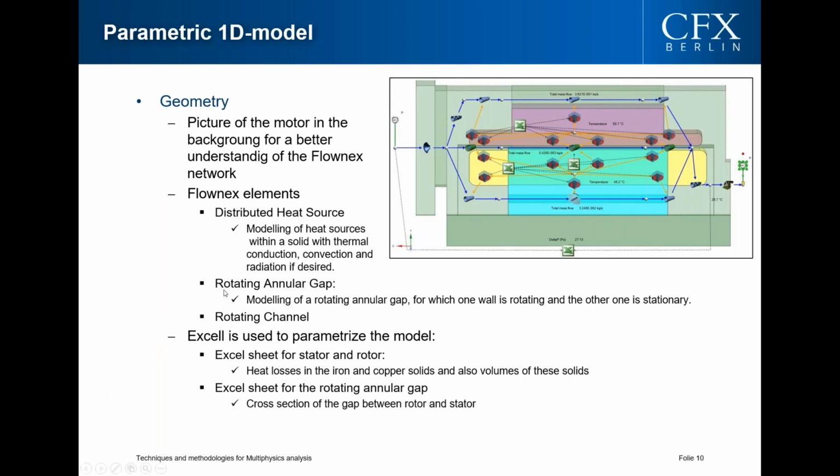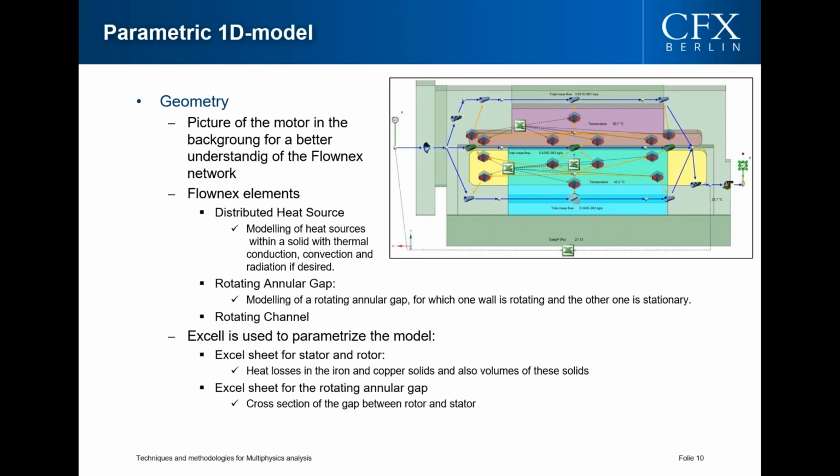Then we have a rotating annular gap. With this component, we can model the very small gap between the rotor and the stator. We have the rotating channel for the channels in the rotor at the bottom of the geometry. And what we've done here, you can see some Excel sheets in the model. We use these Excel sheets to parameterize the model. In the Excel sheets, you can define the volumes and the lengths of the different bodies.